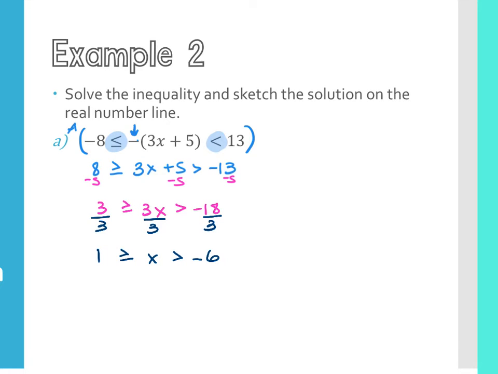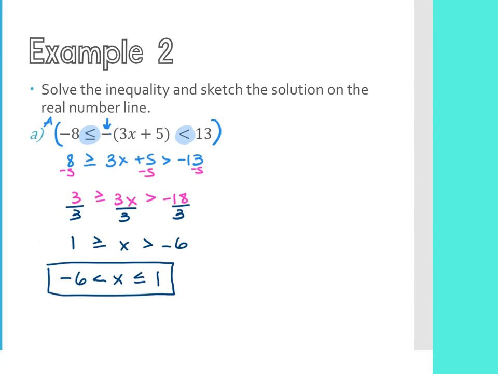So I want this to be in order from smallest to largest, so it makes sense and matches the order on my number line. -6 is clearly smaller than 1, so I'm going to reverse the order here. -6, the big part still has to point towards x, and the small part on the last one has to point towards x. So -6 is less than x, which is less than or equal to 1. Now I go to my number line.